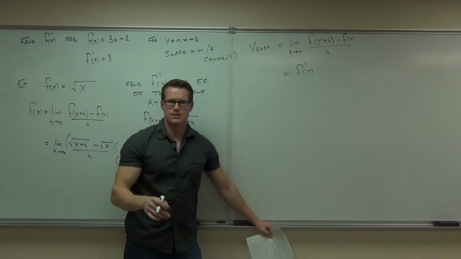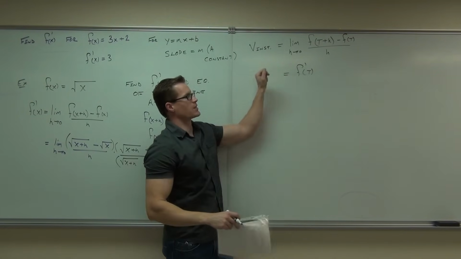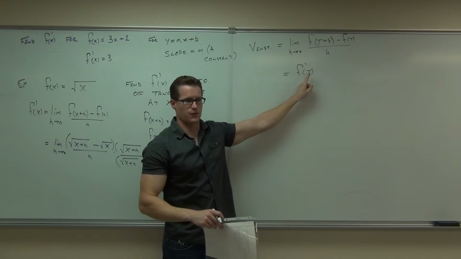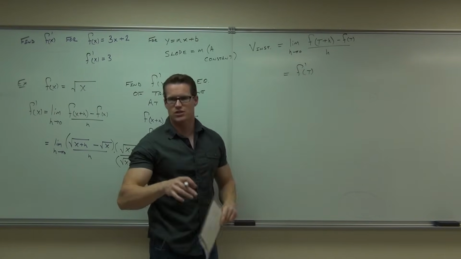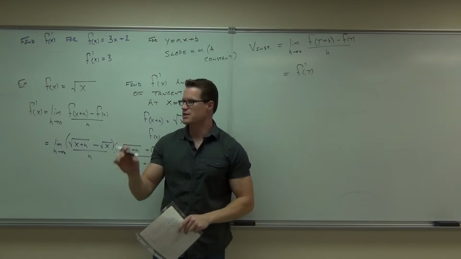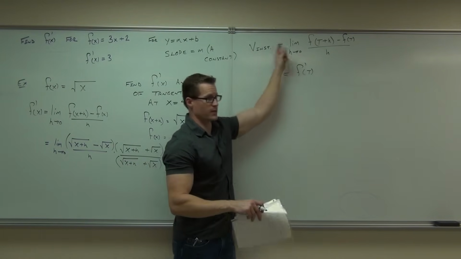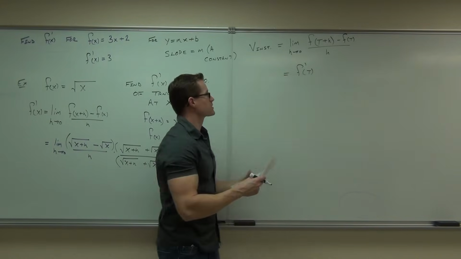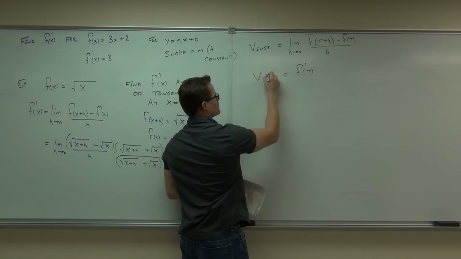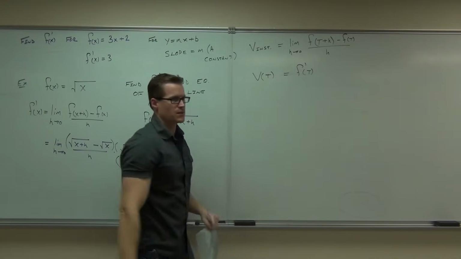What that says to us is that if this gives you instantaneous velocity, and this is simply the formula for the first derivative, velocity is simply the first derivative of a position function. Now, we might have known that just from this, but now we can say it for real. So this is instantaneous velocity, which is denoted v of t.